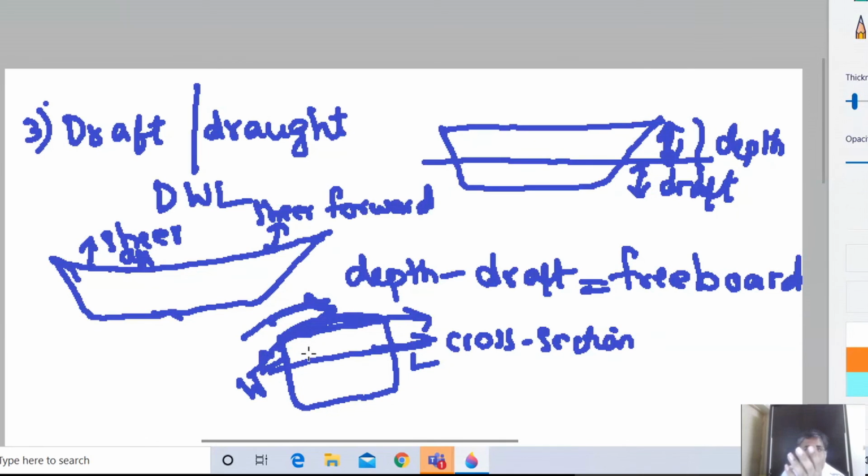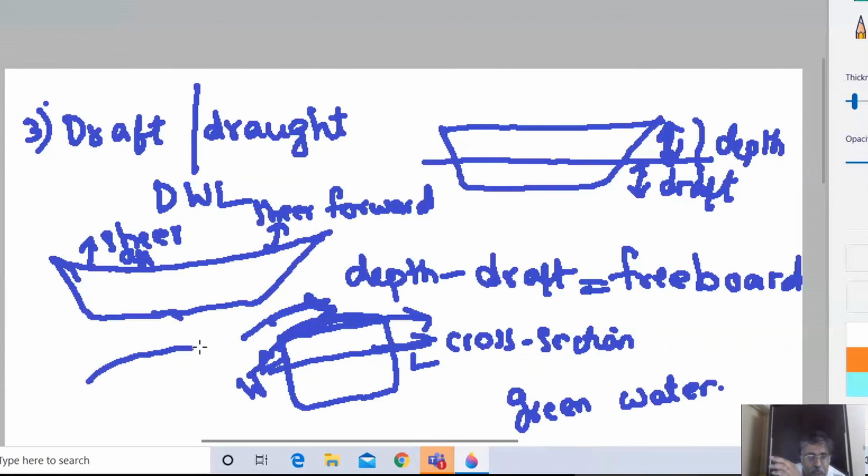By the way, the water that comes onto the deck while the ship is in motion is usually known as green water. To push the green water out, you usually have this curvature. And this curvature that I showed for the side is known as camber.